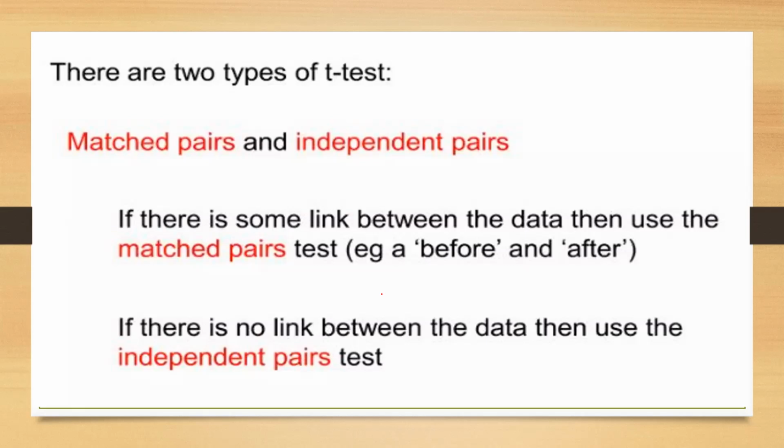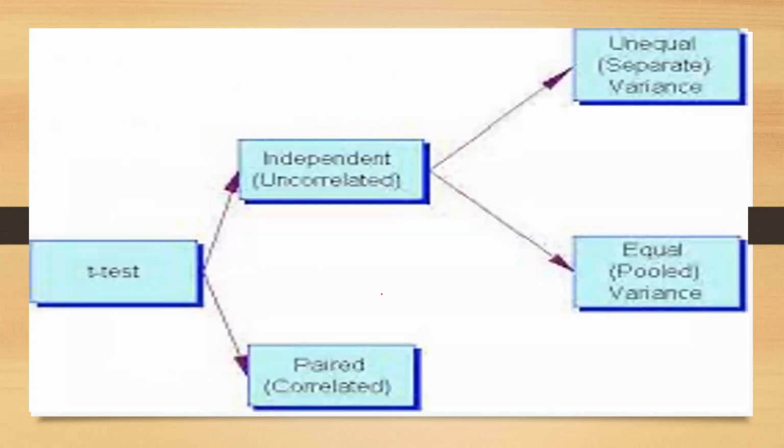Now, for our matched and independent sample, there's another clause you need to be familiar with here. You know, we said we can have independent, we can have dependent. Now, for the independent, there are 2 possibilities you should bear in mind: unequal variance and equal variance.